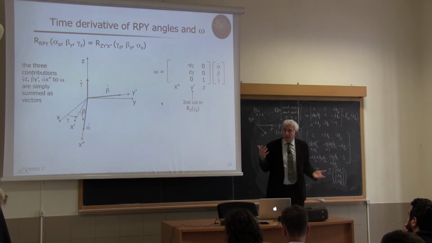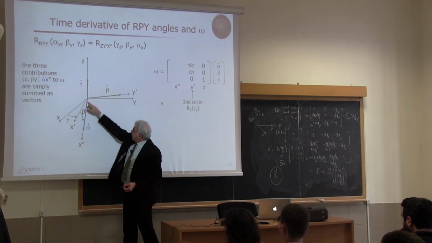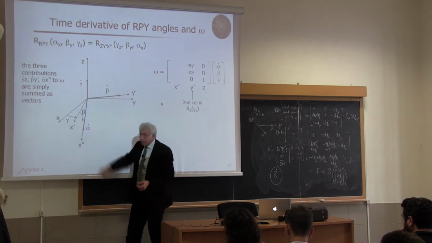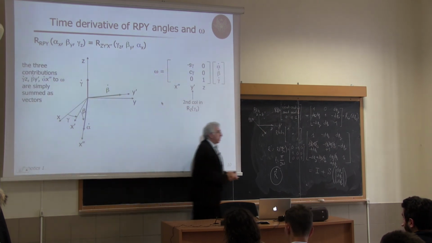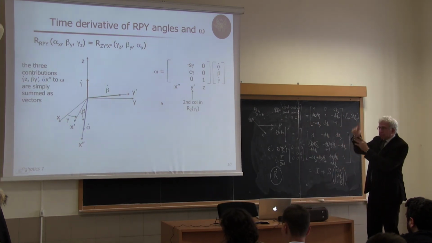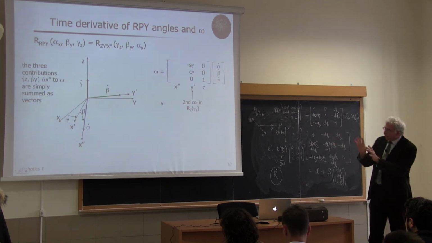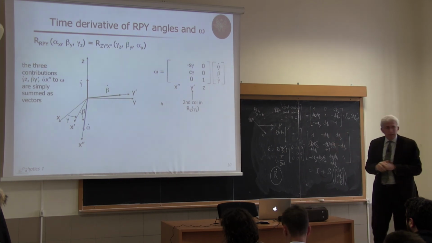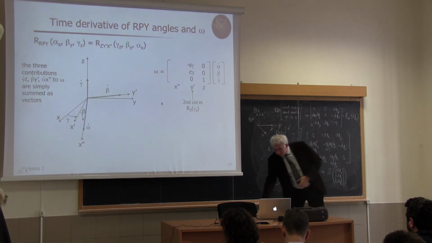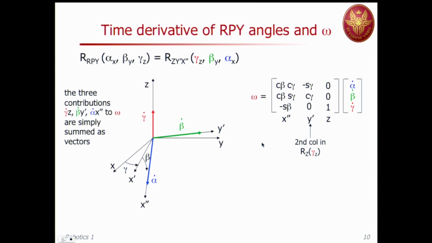This is algorithmic. So the last contribution will be alpha dot along this x double prime direction. It's pointing in space depending on the two angles beta and gamma. It's not so easy to see how it looks, but this is the result. Okay, and if you don't believe it, you should make your computation.